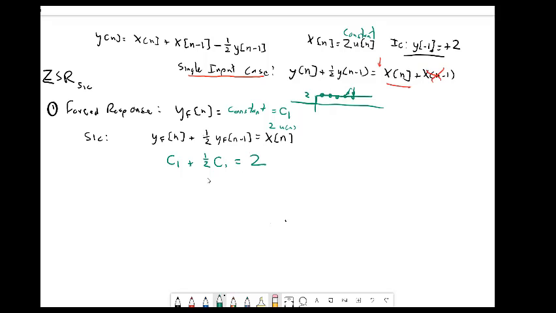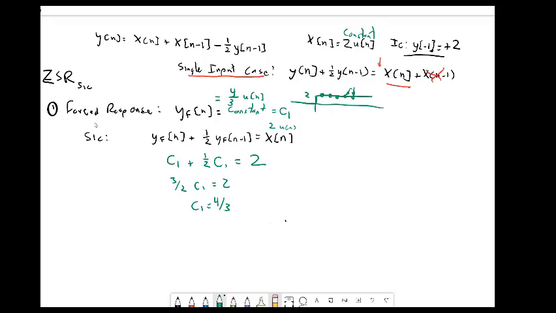And so that's all I need to find my unknown constant C1, as we have 3/2 of C1 equals 2. So C1 must be 4/3. And we have our first forced response piece, going to be a 4/3. And that's going to start at n equals 0. So I can write 4/3 times a step function. And we have part of our answer.